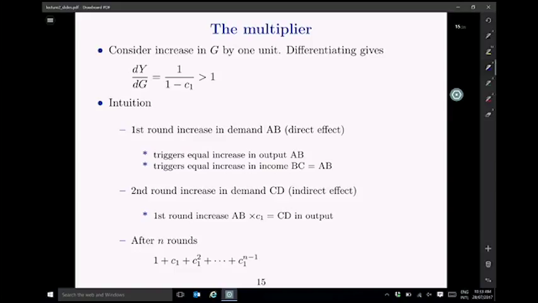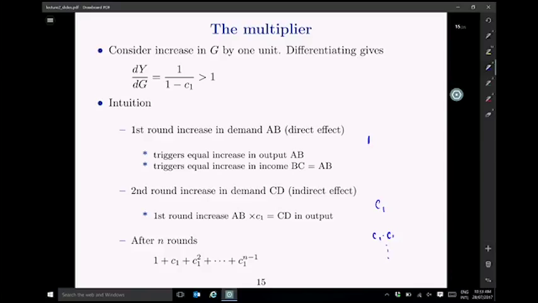When does it stop? Basically, as we discussed, the first round, the direct effect, is an increase in output by 1. The second round, the indirect effect from the marginal propensity to consume, is that consumption increases by C1. As you can imagine, the next round will be an increase by C1 times C1. And then this will go on for many, many rounds.